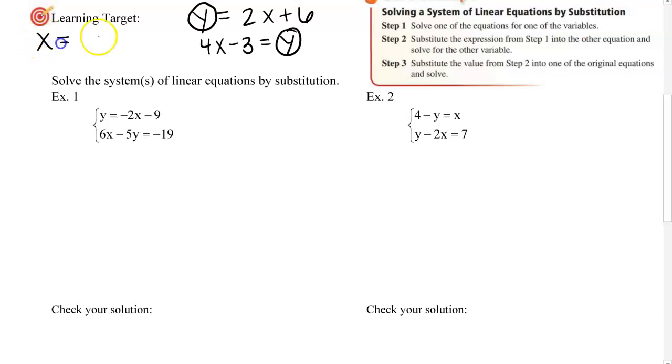If it says x equals 2y minus 7, x is completely by itself on one side of the equal sign. And the same would be if we had something like 5y minus 1 equals x. We have an x completely by itself on one side of the equal sign. One of the equations has to have this be true in order to use substitution.